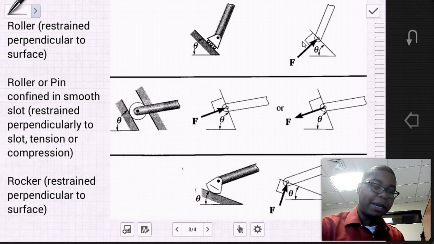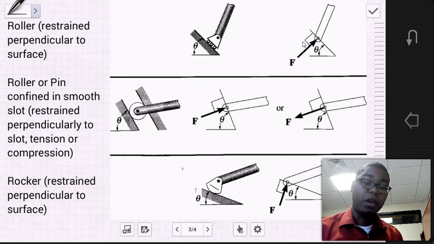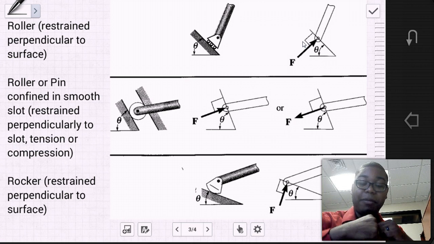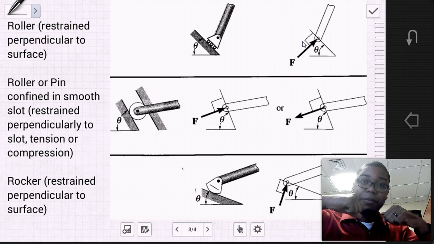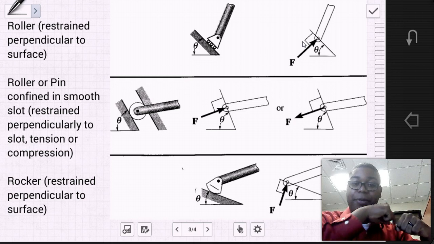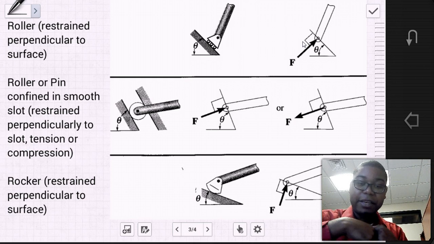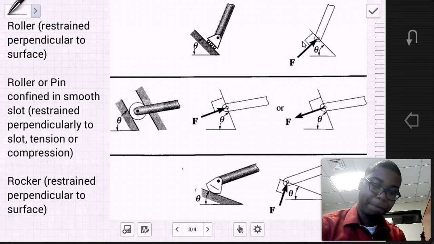In this case, the body is restrained perpendicular to the slot, and the reaction force that develops can be either in tension or in compression. If the force is going into the body, it's under compression, and if the force is coming out of the body, then the body is in tension. Tension, you're pulling it apart, so there's a force coming out. Compression, you're pushing in, so there's a force that's opposite that compressive force.